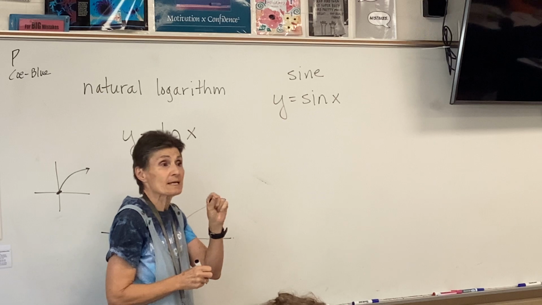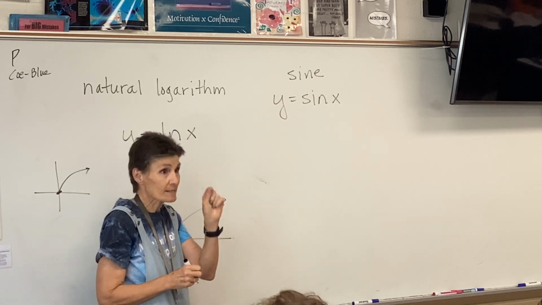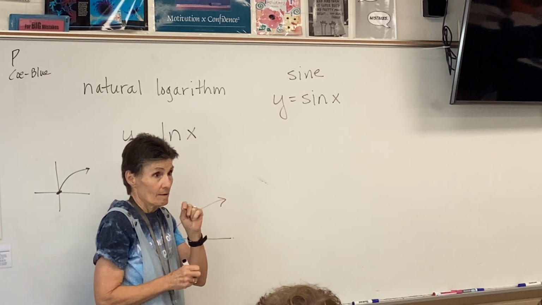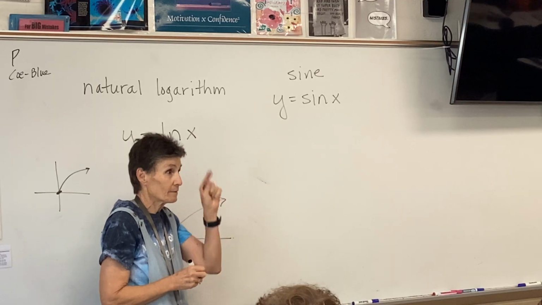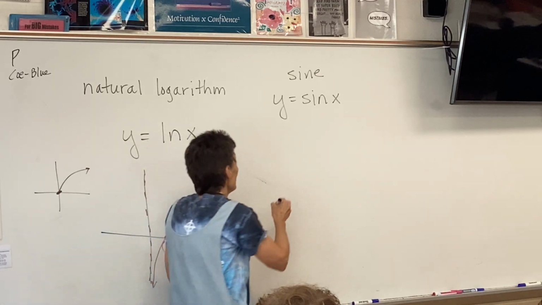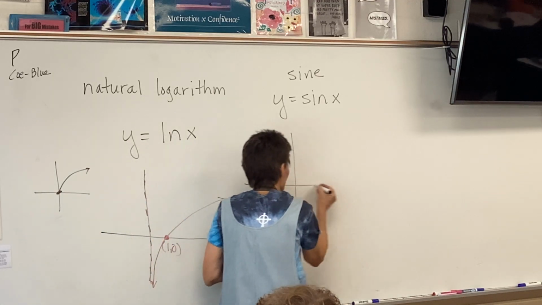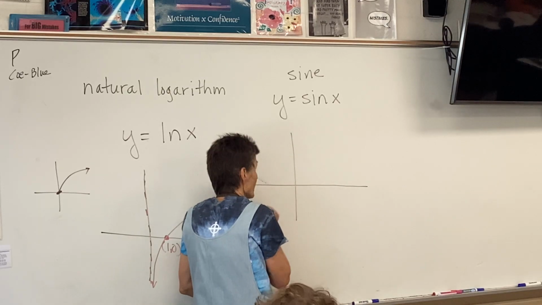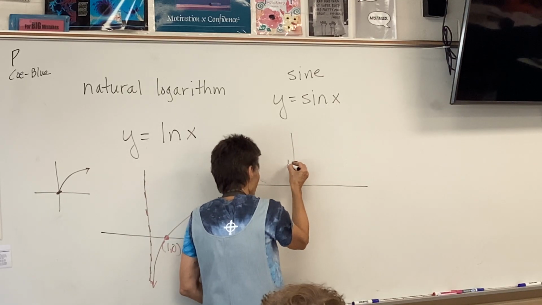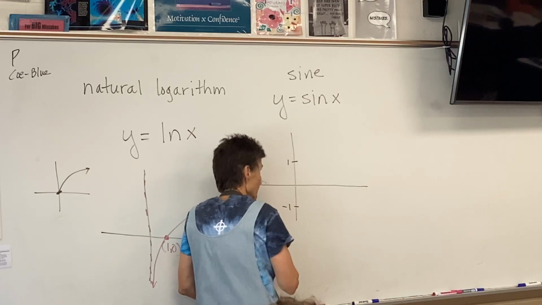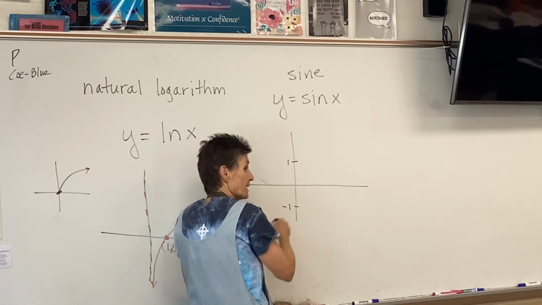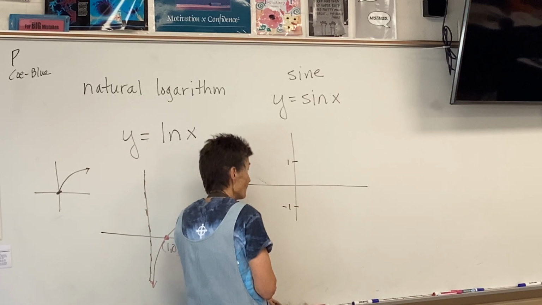That is not "sin" x, that's sine x. Sine, cosine, tangent, that's a sine trig function. The picture looks like this. I need you to come up 1 and down 1. Just label 1 and negative 1 on the flashcard.